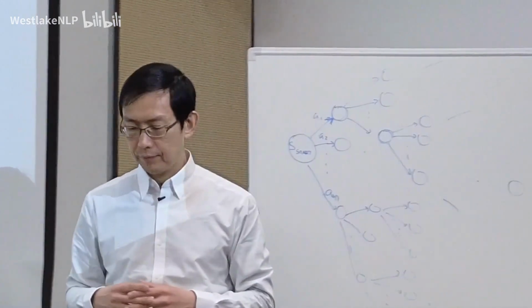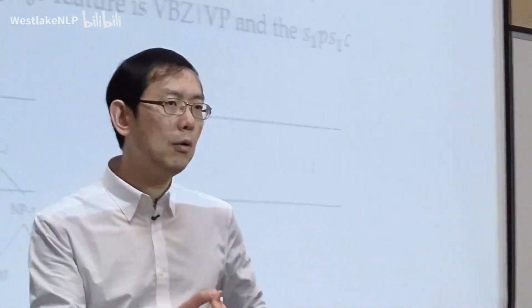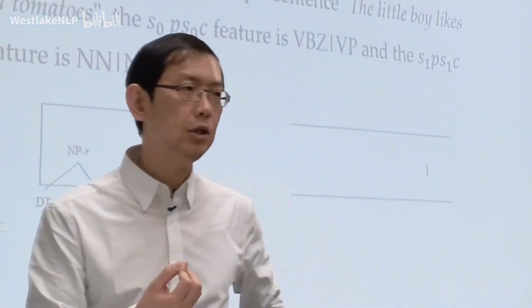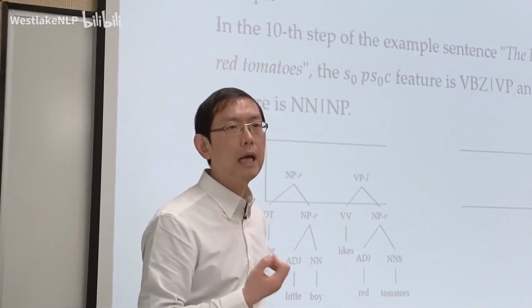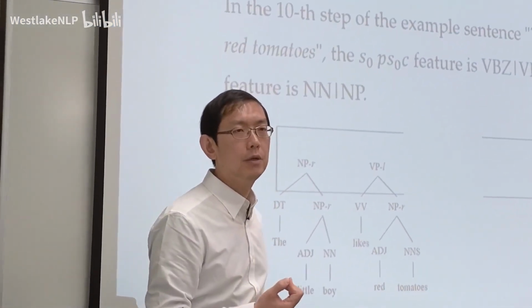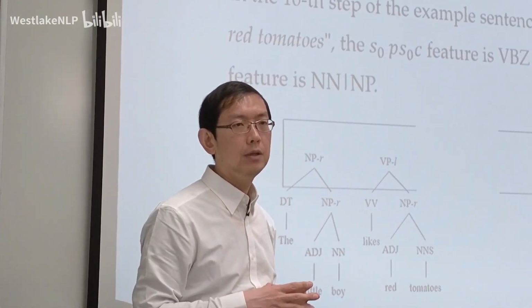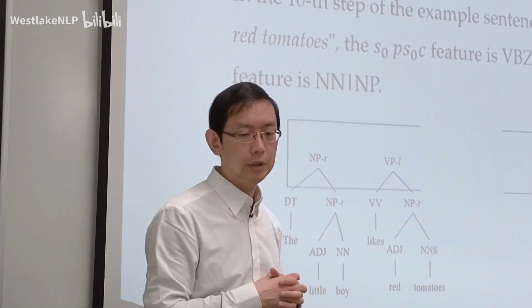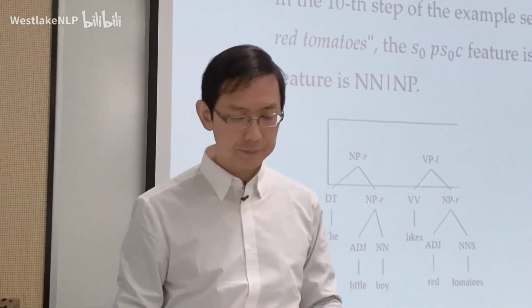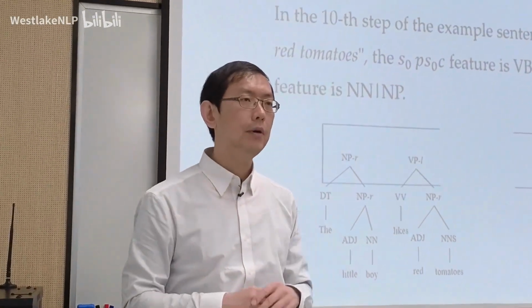Linear versus n to the power of 5. As a result, such transition-based constituent parsers with global modeling, beam search and rich features can strongly outperform traditional CKY parsers. So this shows you one advantage of transition-based modeling.